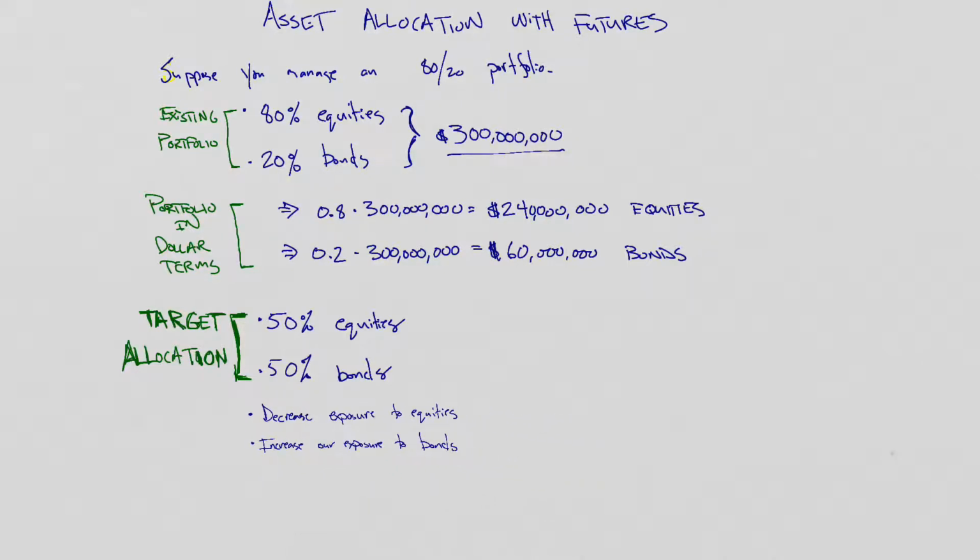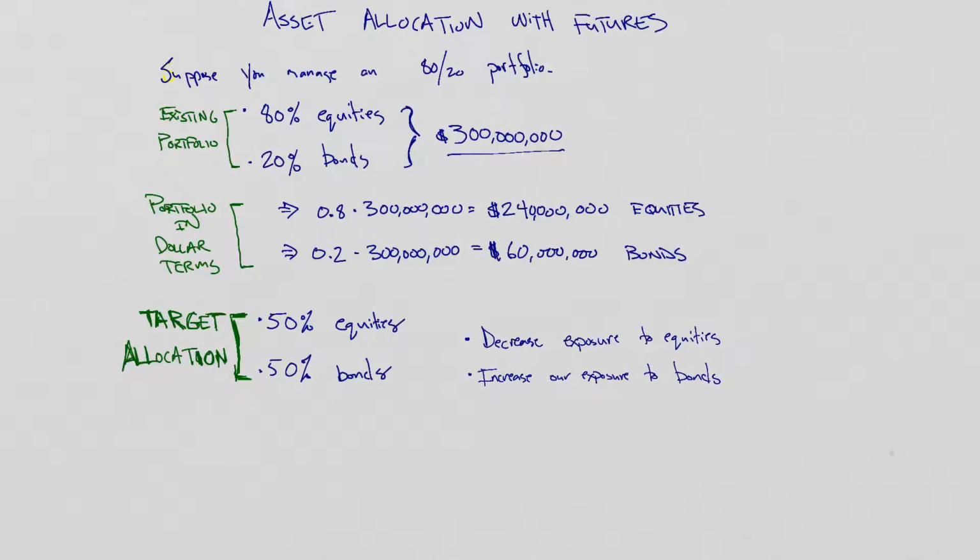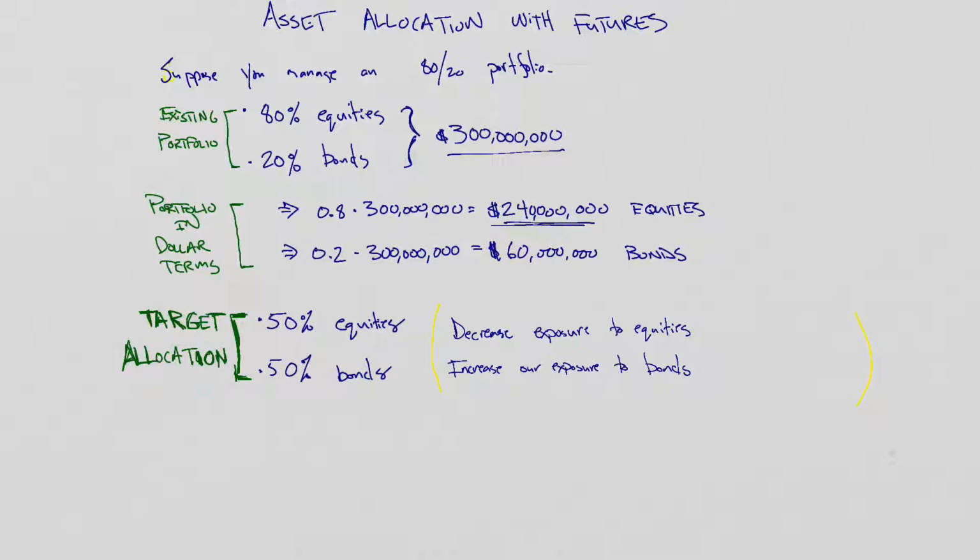When it comes to futures contracts, the way that we do these two things is that to decrease exposure to something, particularly a long position that we hold, we will short that thing.